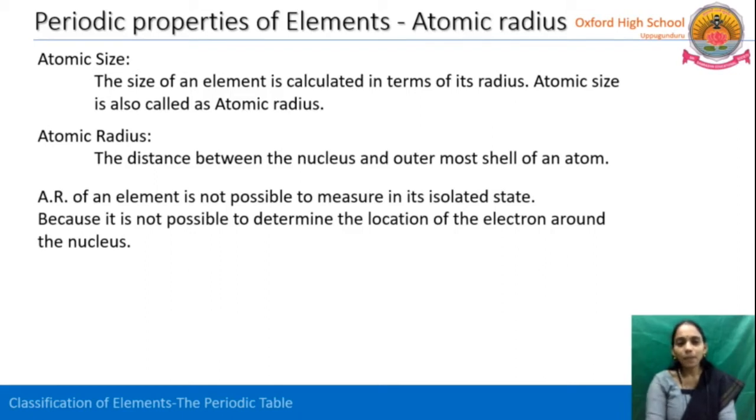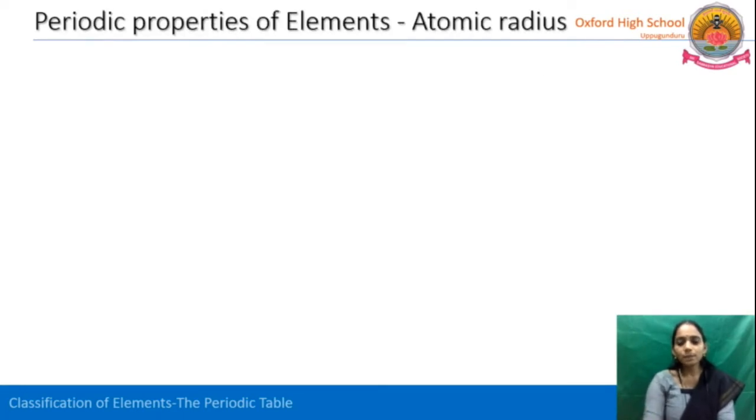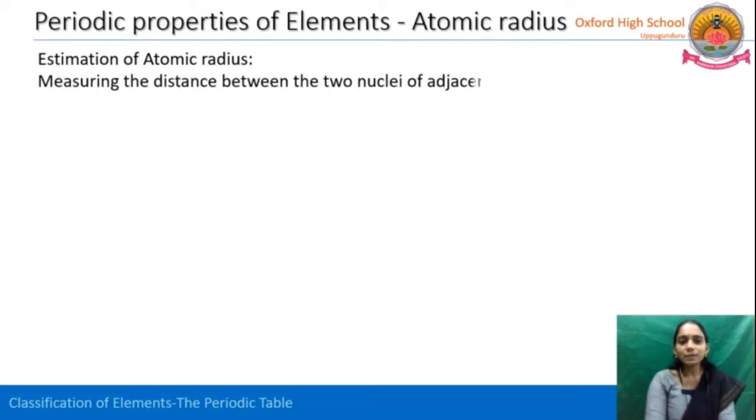Let us see how to calculate the atomic radius of an element. We know that in its isolated state, it is impossible to calculate the atomic radius. So here I am taking a solid state, measuring the distance between the two nuclei of adjacent atoms in a solid.